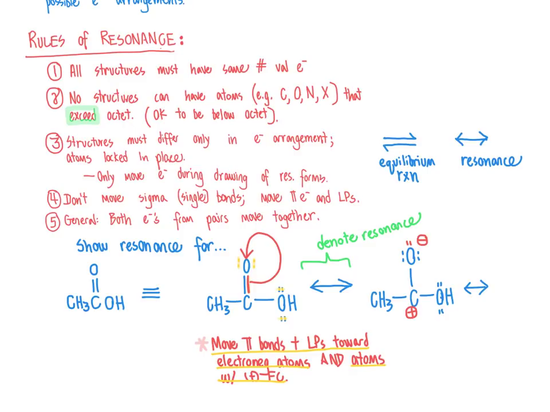So that's not really what we want to do here. Instead, we want to follow this business about moving pi bonds and lone pairs toward atoms with a positive formal charge. In this middle scenario, we have a carbon that has a positive formal charge, and so the oxygen lone pair electrons can come over to make a carbon-oxygen double bond. That will enable us to draw a third resonance structure for this particular molecule.